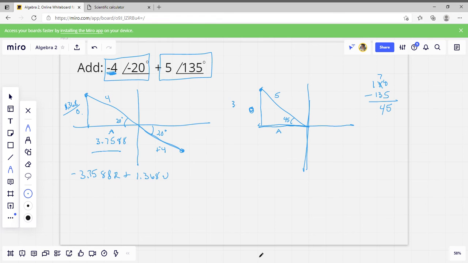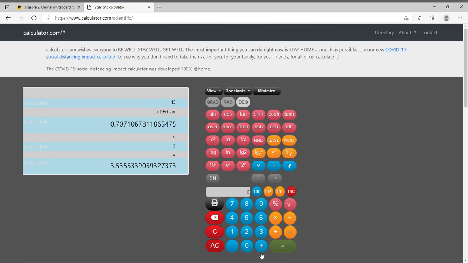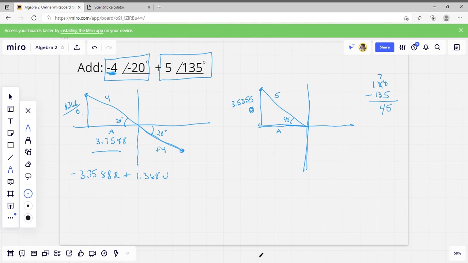Or this one, 3.5355. And then we'll use cosine for the other one. So 45 cosine times 5, 3.5355. It's the exact same. Oh, because it's a 45, so that means that those are equal to each other.